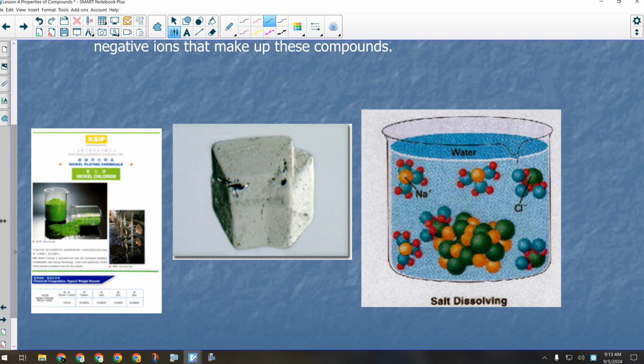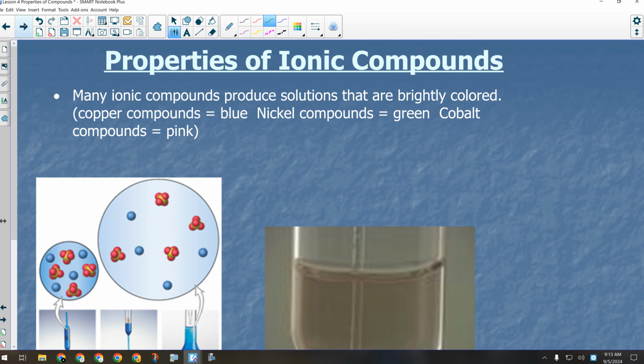We don't have that equipment, and it isn't going to matter for us, but it's a physical property as well. And some ionic compounds have distinct colors. So that's our next slide here, I believe.